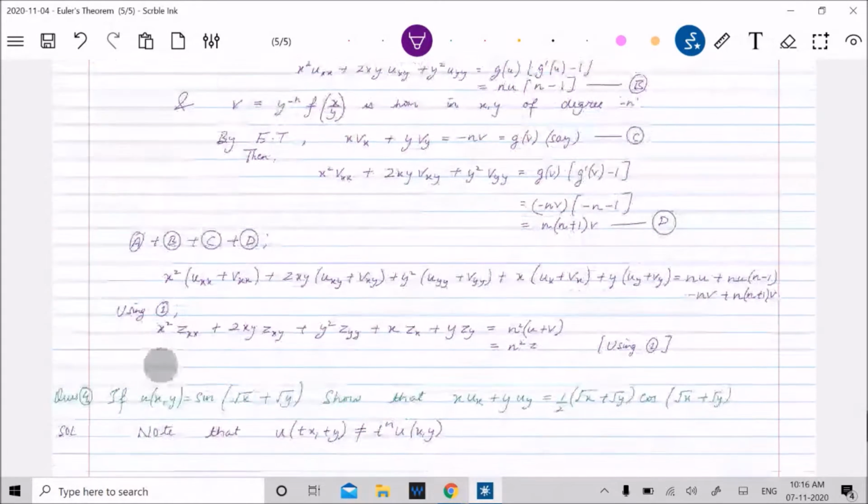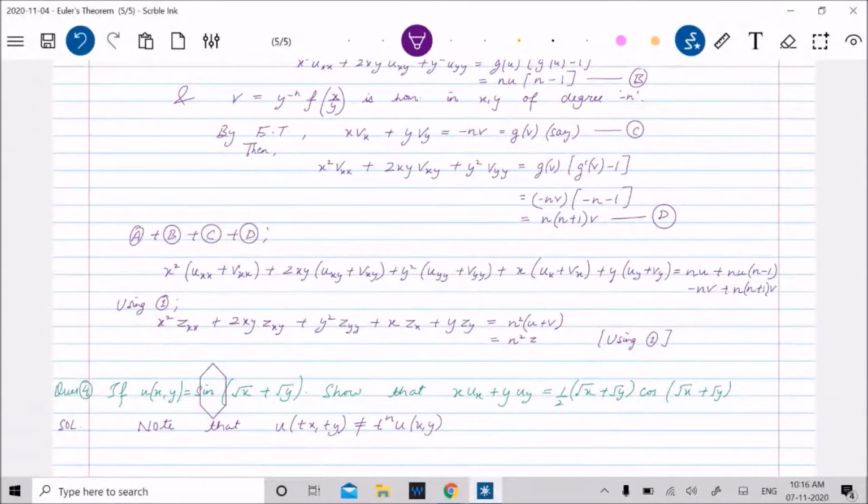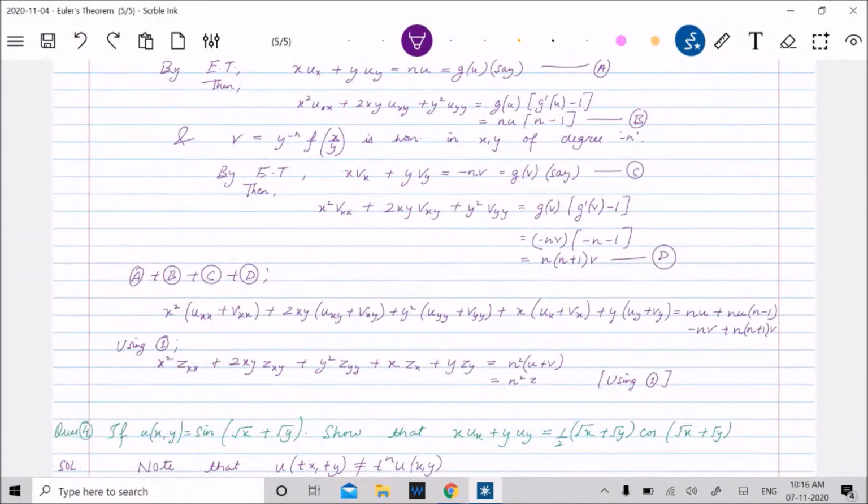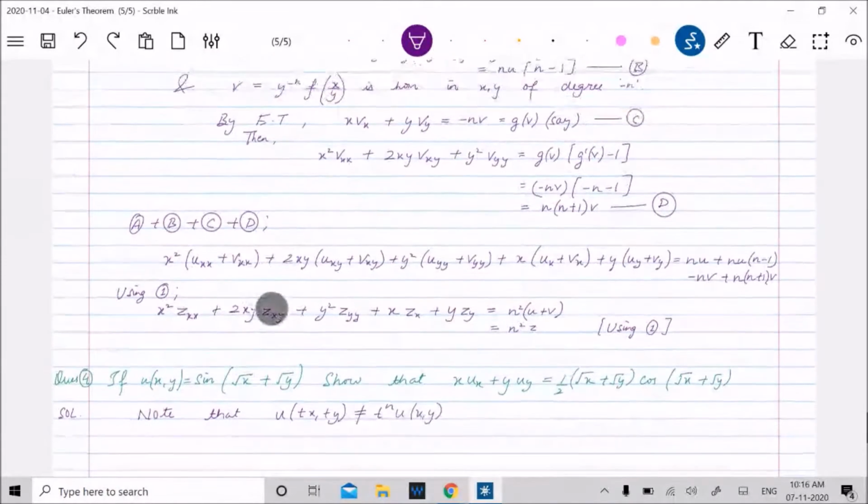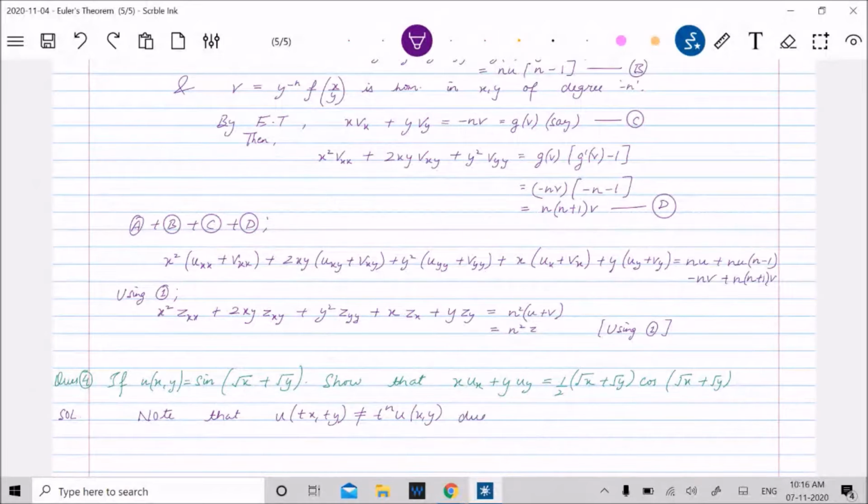This is just due to the presence of the sine function.